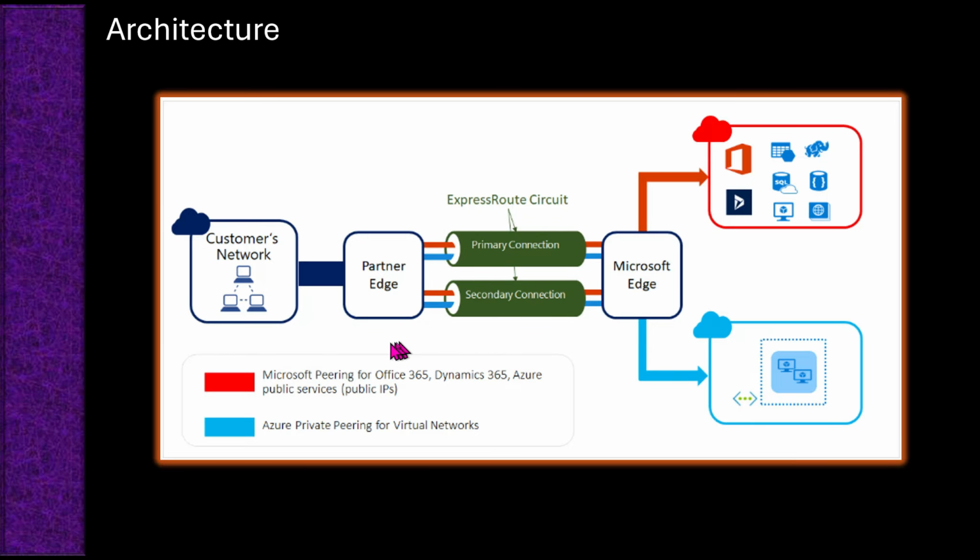Right. And now this one also you need to build. How do you build that? This is where we discussed the connectivity models in the earlier videos. There are 4 connectivity models that we discussed: cloud exchange co-location, point-to-point Ethernet connections, and any-to-any network, which is IPVPN.